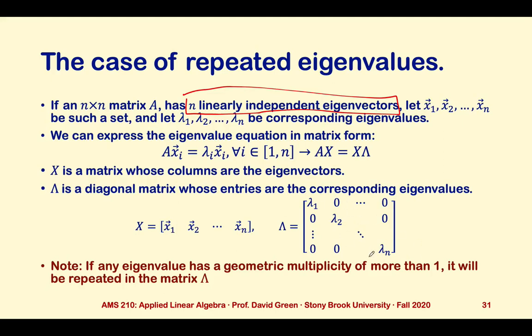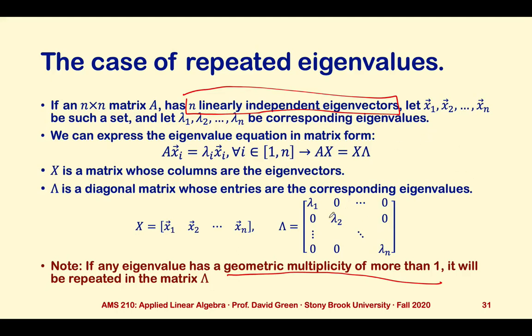not all unique. If any eigenvalue had a geometric multiplicity of more than 1, what does that mean? It means its eigenspace had dimension more than 1. It means that some of these eigenvectors in this linearly independent set have the same eigenvalue.